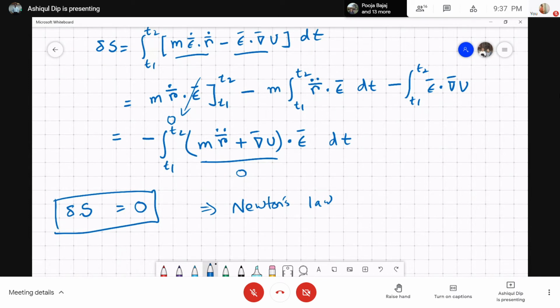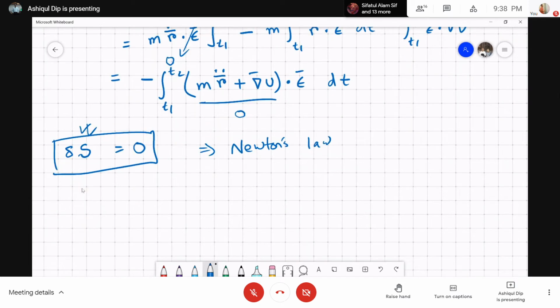Okay, so now we have full confidence in our formalism. This principle, the variation of S being 0, is known as Hamilton's principle, and this is considered the fundamental of all mechanics.